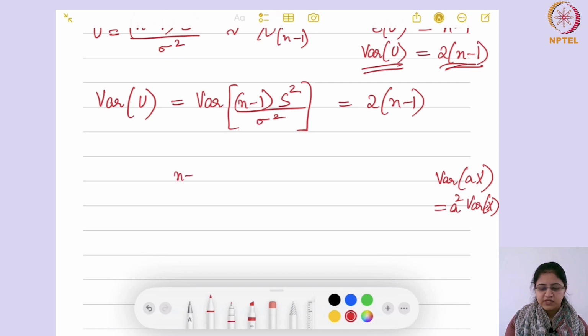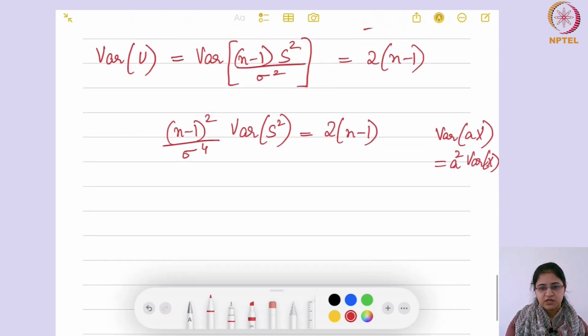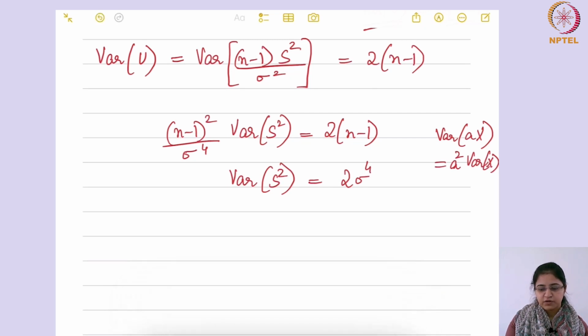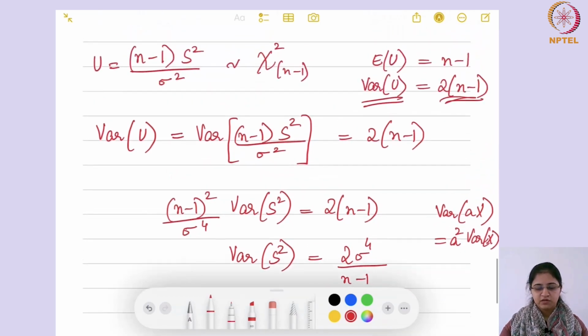So n minus 1 square over sigma raised to the power 4 times variance of S square would be twice of n minus 1. Now n minus 1 and n minus 1 would cancel out. So variance of S square, that is sample variance, is nothing but twice sigma raised to the power 4 over n minus 1. So this is what we wanted to prove. So this is our first lemma.